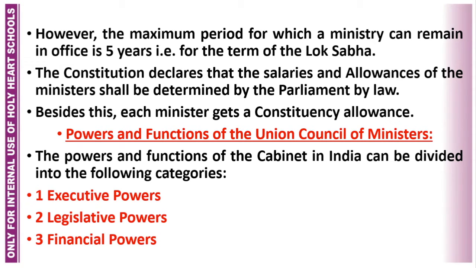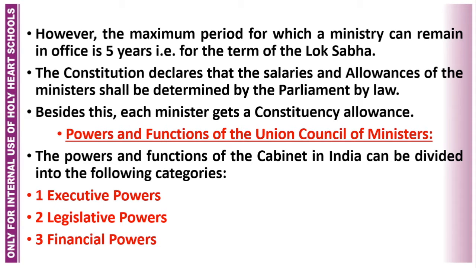So, you see here, the salaries and allowances of ministers are determined by the Parliament, and they themselves are sitting in the Parliament as executive. So this is the only department that decides their own salaries. Otherwise, the salaries are never decided by the person who is going to get it. Besides this, each minister gets a constituency allowance.